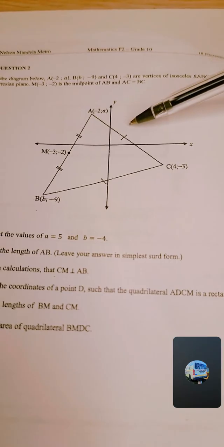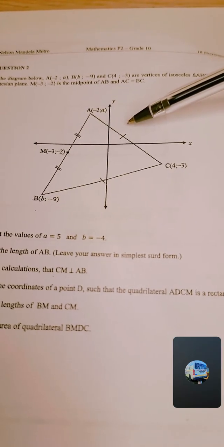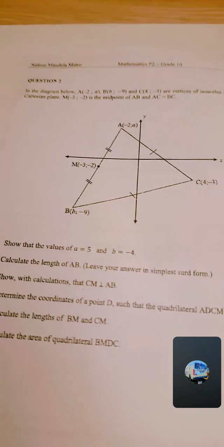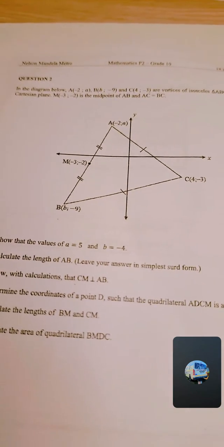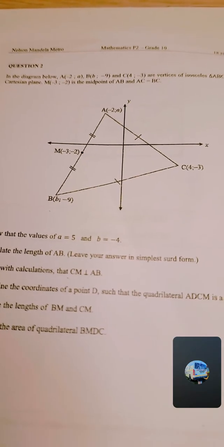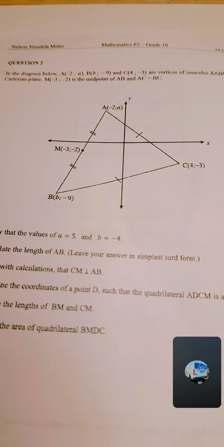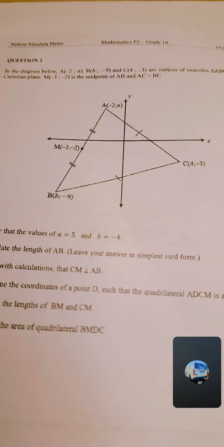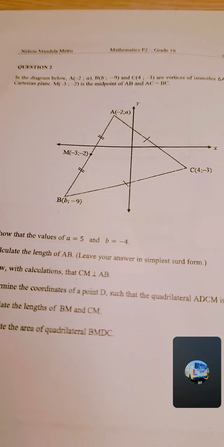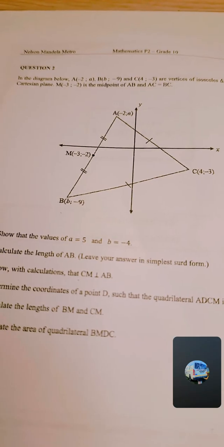I'm still thinking of an easy way to solve this because it's too much. I don't want to work hard. But I'm sure we're going to use the coordinate of BC.